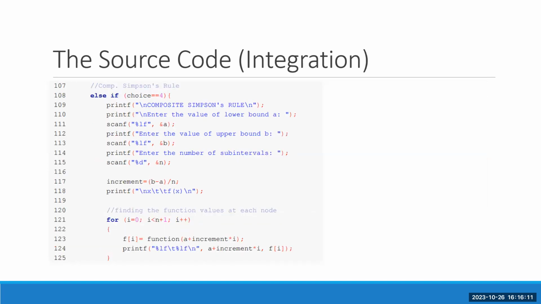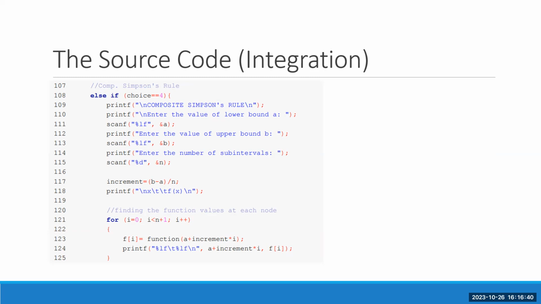For the numerical integration, this code block is activated if the user selects the composite Simpson's rule. It collects user input for the lower bound represented by variable a, the upper bound variable b, and the number of subintervals variable n. It calculates the increment as the difference between b and a divided by n.